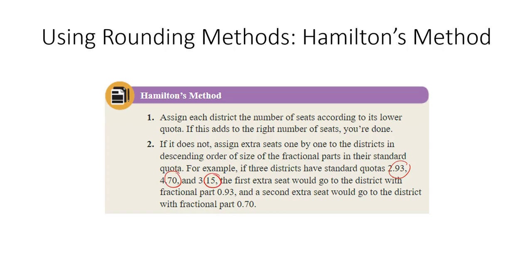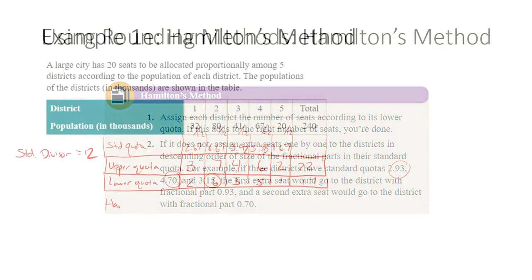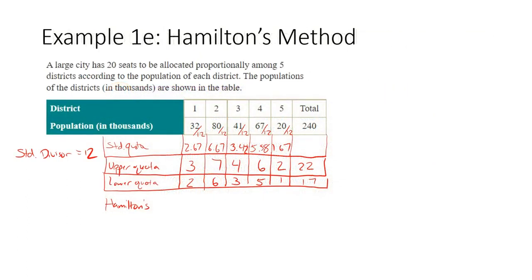So let's see what this method would give us. So using Hamilton's method, we're going to assign everyone the lower quota, and then we're going to add representatives or add items based on the decimal points. So the greatest decimal points here are 0.67, 0.67, and 0.67, and then 0.58, 0.42.